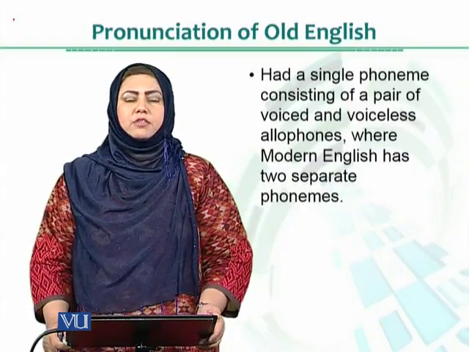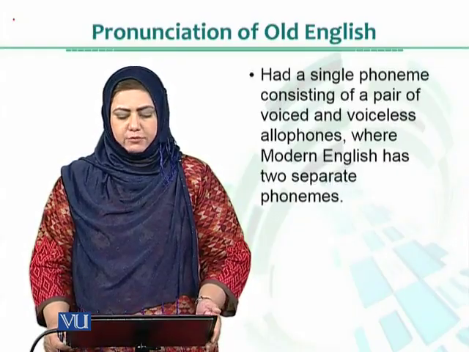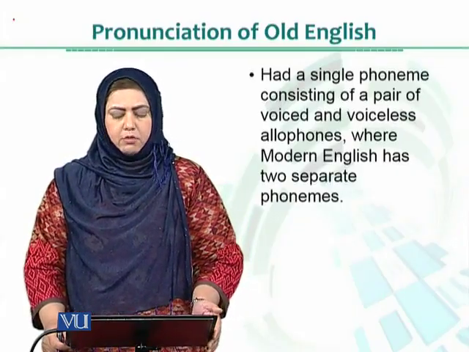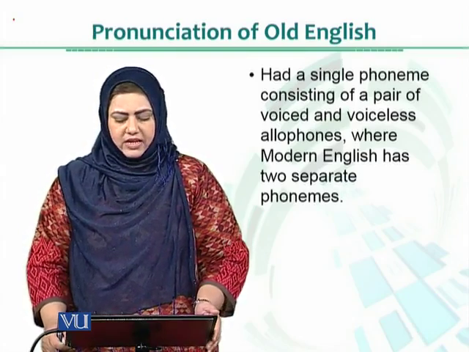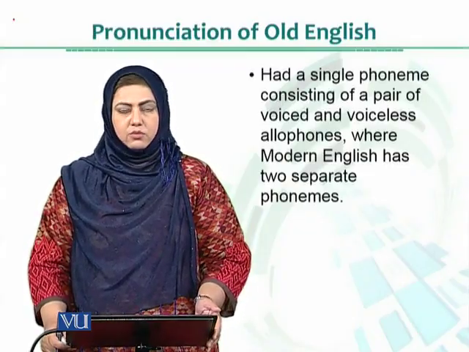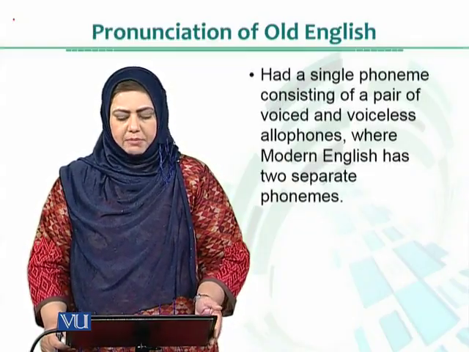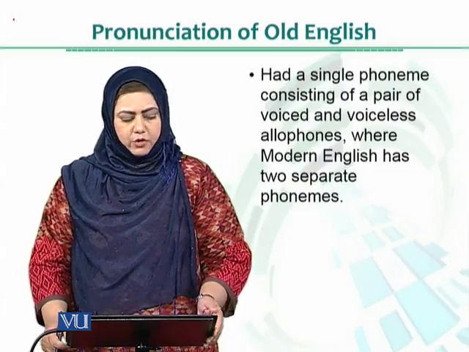One of the striking features of the pronunciation of Old English was that it had a single phoneme consisting of a pair of voiced and voiceless allophones, whereas modern English has two separate phonemes. I assume that you already know what I mean by allophone and what I mean by voice and voiceless.